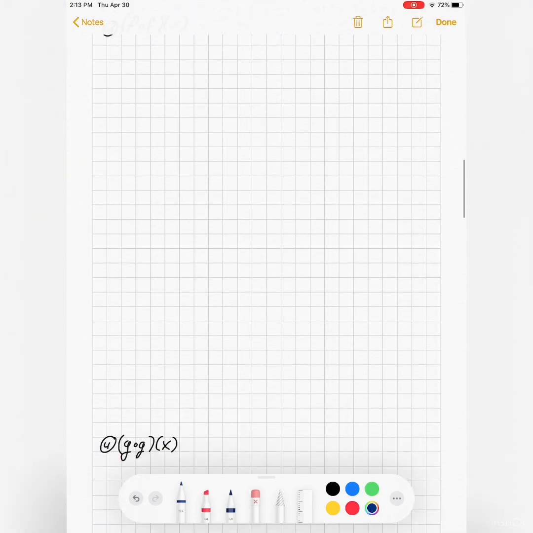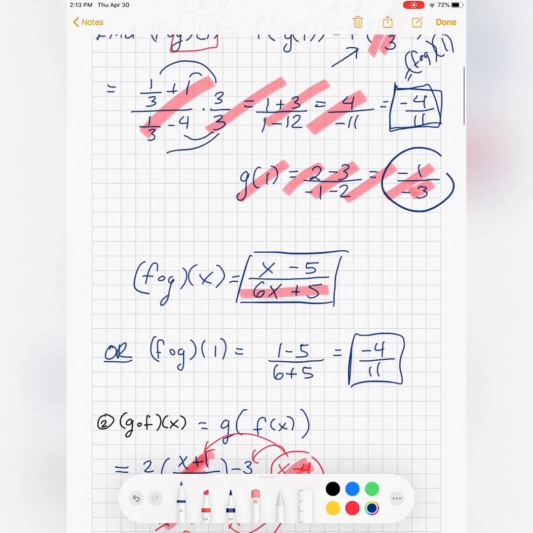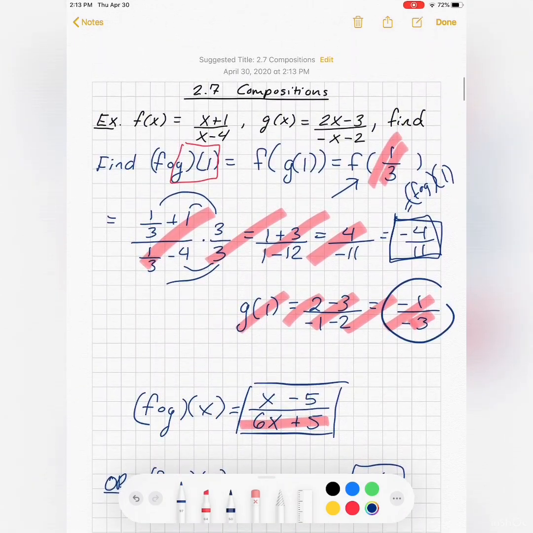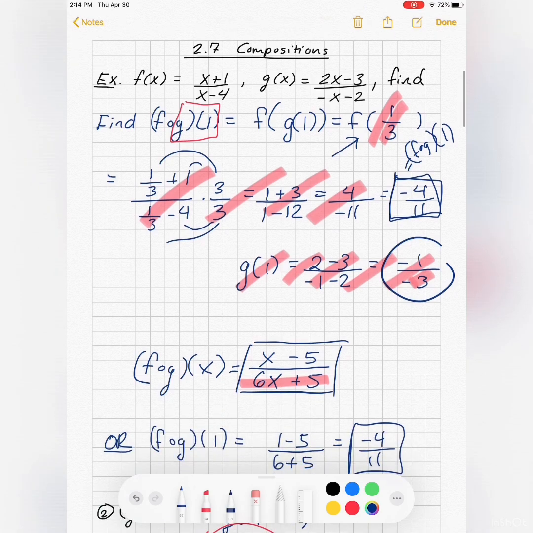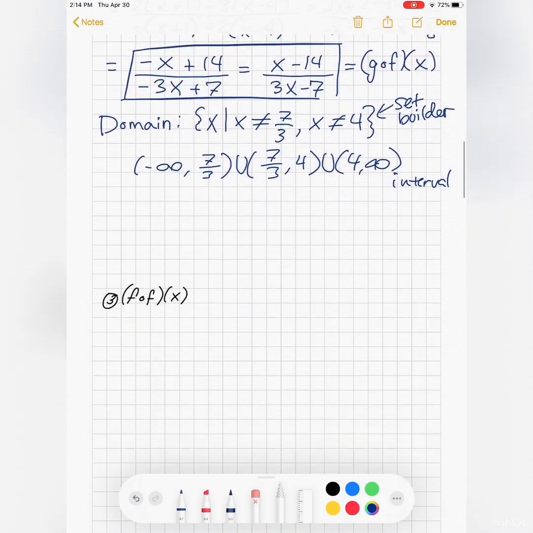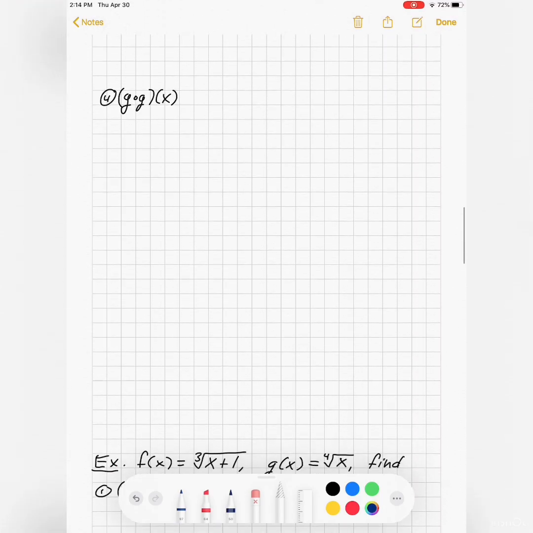Now I could do f of f and g of g. They're all very similar, so I'll pick one. Let's do g of g. That's the harder one. So I'm going to copy g. So I'm skipping f of f.